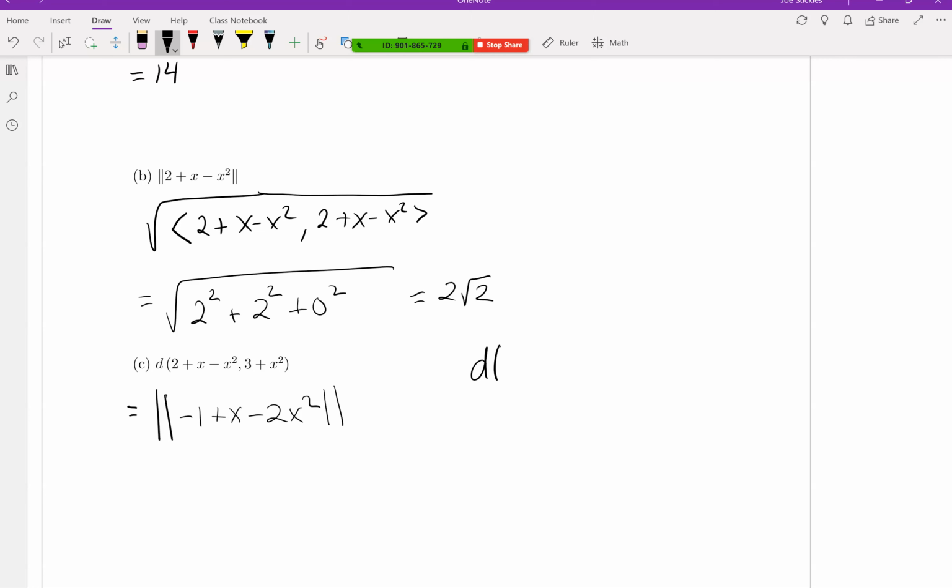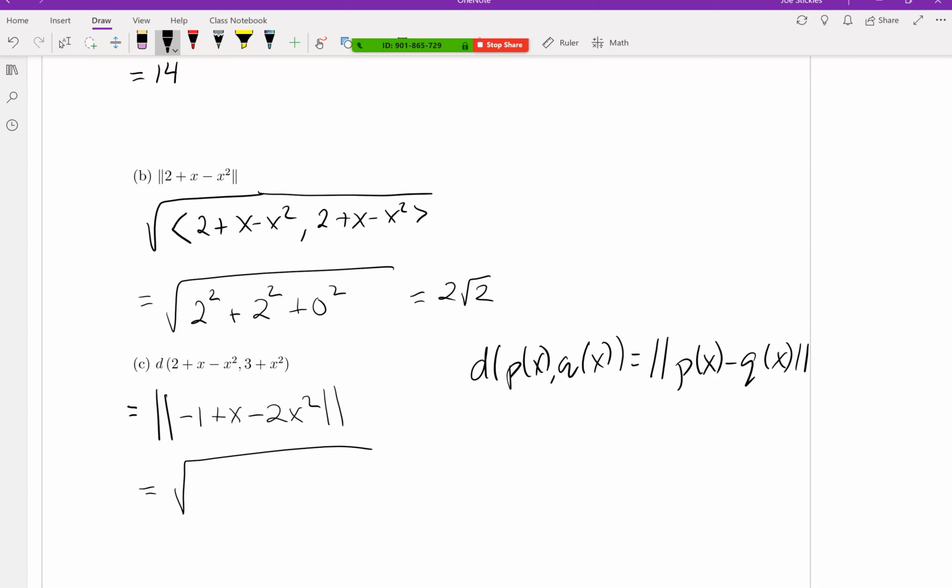Remember, the distance here between p of x and q of x is defined as the magnitude of their difference. And just like in the previous one, we're going to plug in 0, 1, and 2, and we'll square each of those.